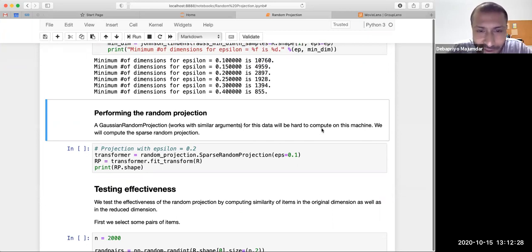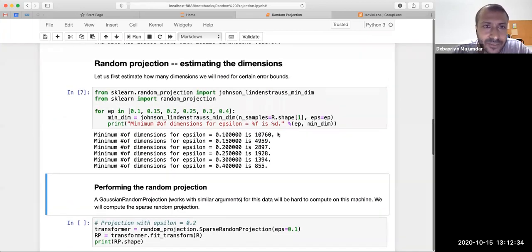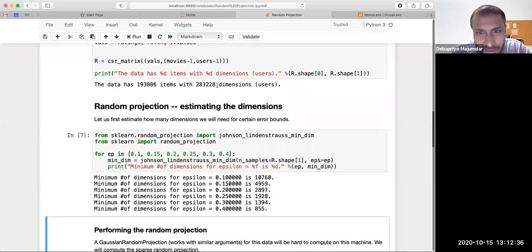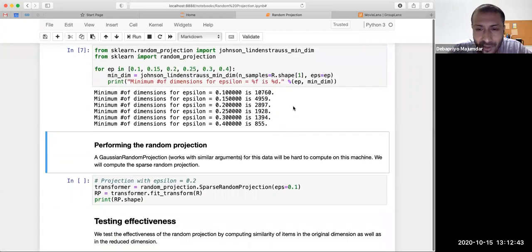You see already, it's a multiplication with a dense matrix. So it will be a 10,000 times 200,000 matrix, and that itself is a huge dense matrix. It will probably exhaust my RAM pretty easily, and that's not a sparse matrix.